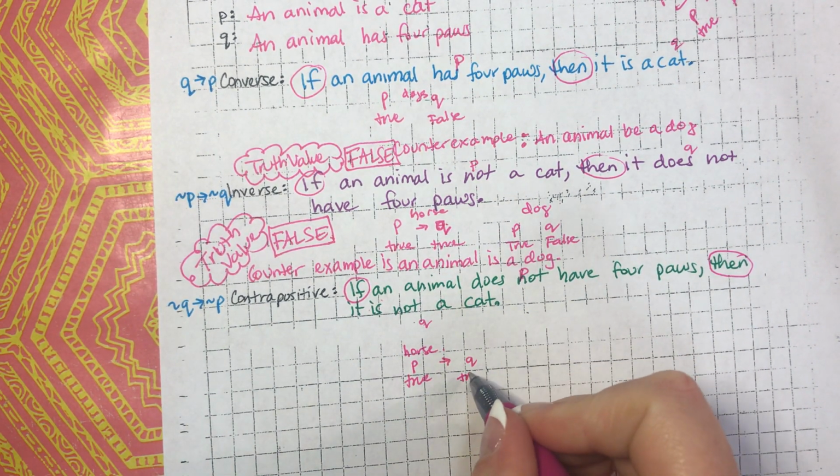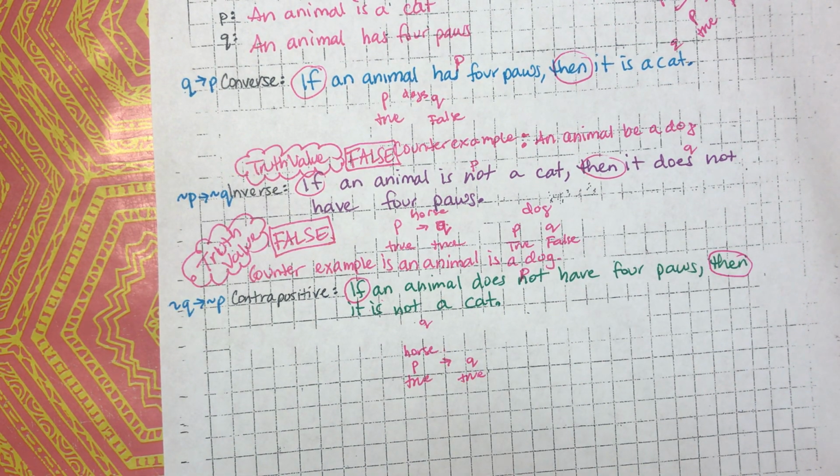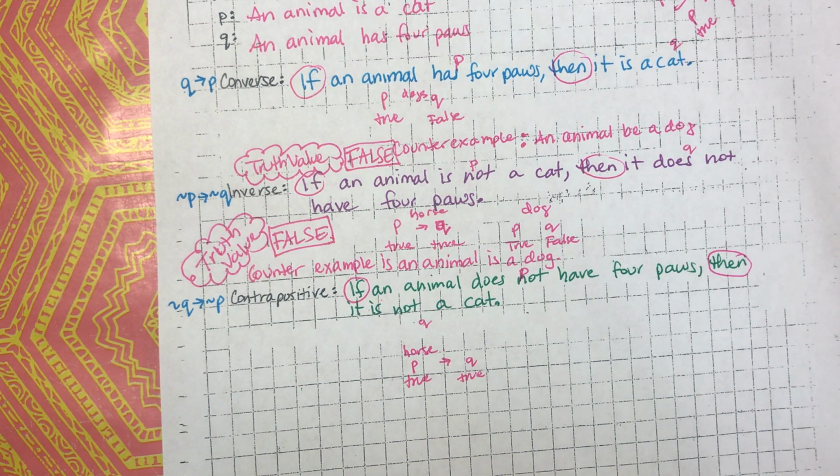So I would say that's true. So we want to think about a counterexample for this. If an animal does not have 4 paws, then it is not a cat. Right, the horse is not a cat, so that's true.